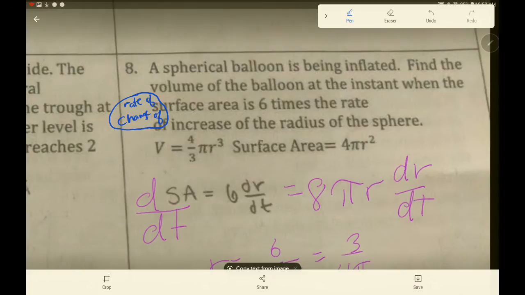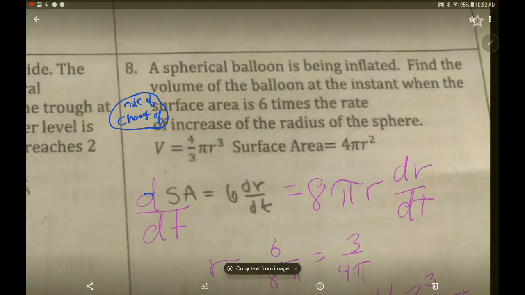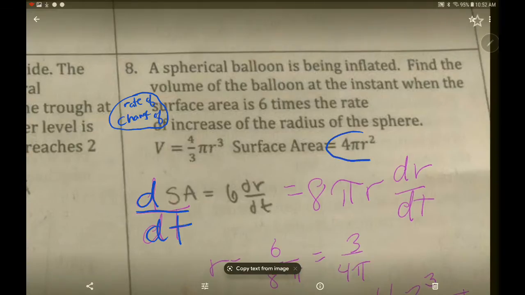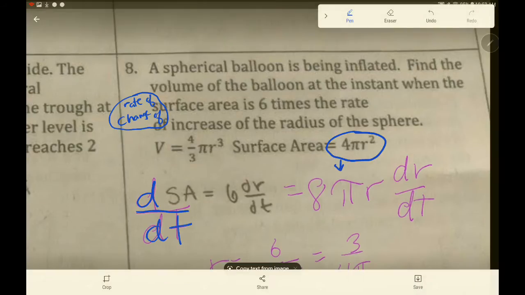So you wrote down surface area equals 6 times the dr/dt, which is right from what they told you. But I'm adding in d/dt of surface area. The rate of change of surface area equals 6 dr/dt. And we can get the derivative with respect to time of surface area by taking the derivative of that, which is 8 pi r dr/dt.